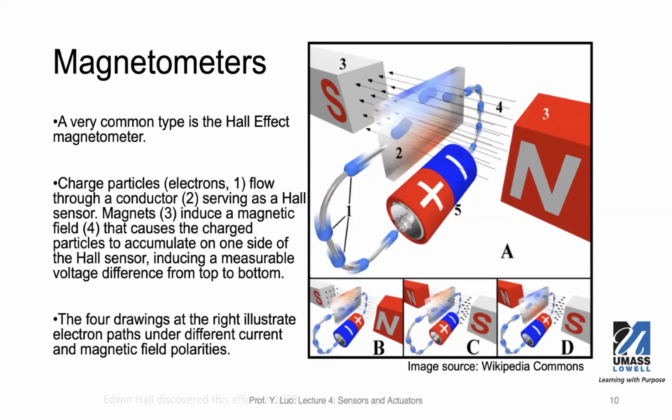This is the sensor that was used on that blower truck. It's the magnetometer used to measure the magnetic field so that they can know the exact direction the truck is going. It's based on the Hall effect. This sensor works by charging a conductor here.